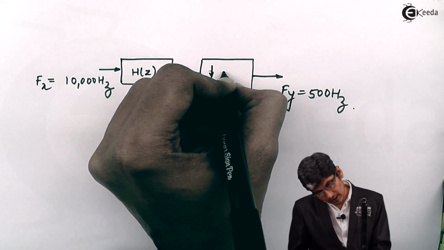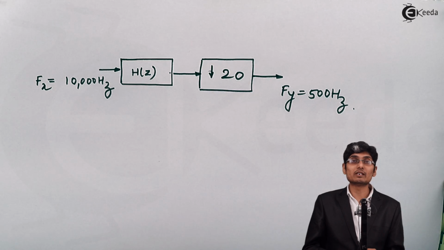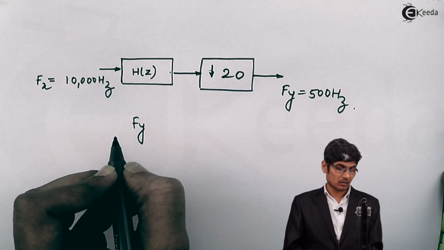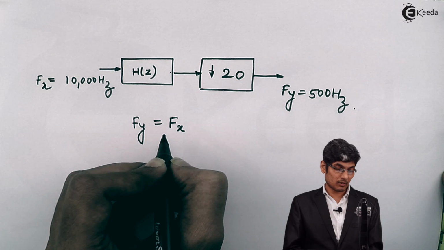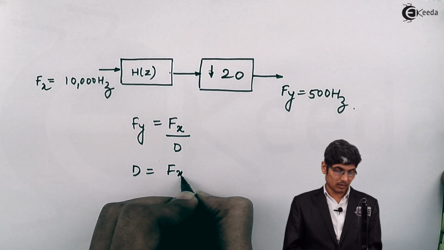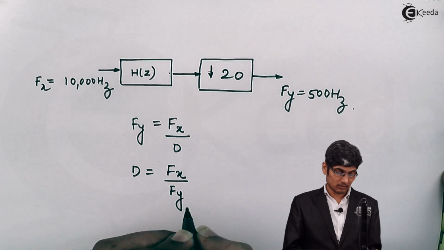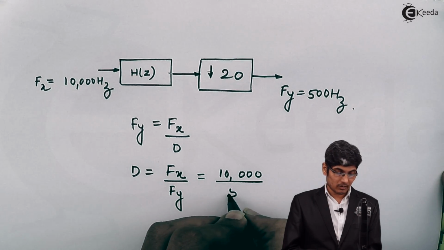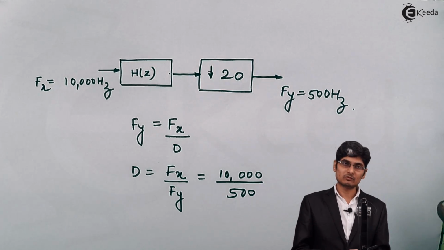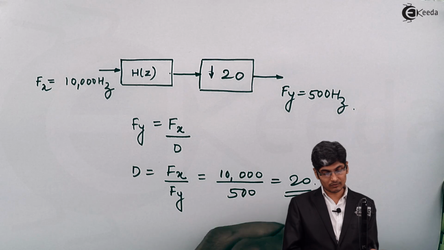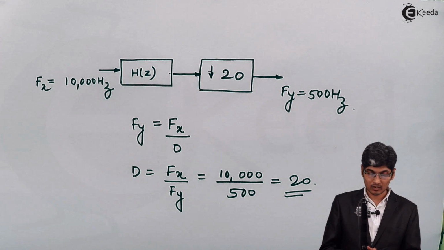Therefore, the decimation factor requirement is 20, because we know that fy is equal to fx by D. Then D is equal to fx by fy, which is 10,000 divided by 500. That is 20, which we have just calculated. This is step 1.